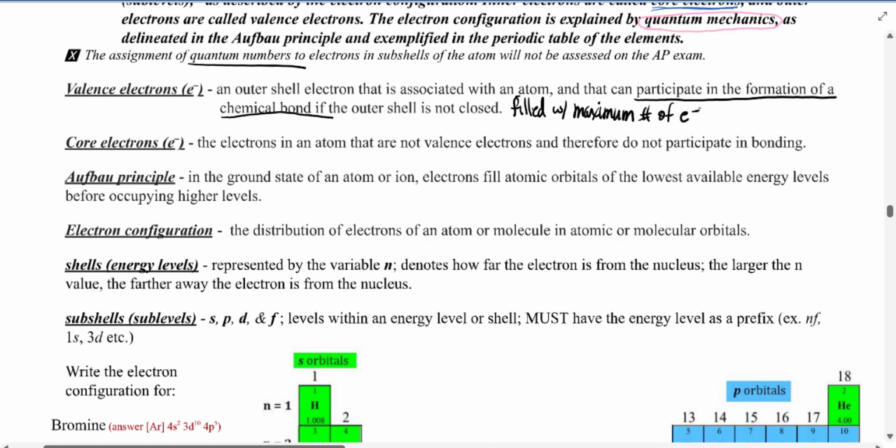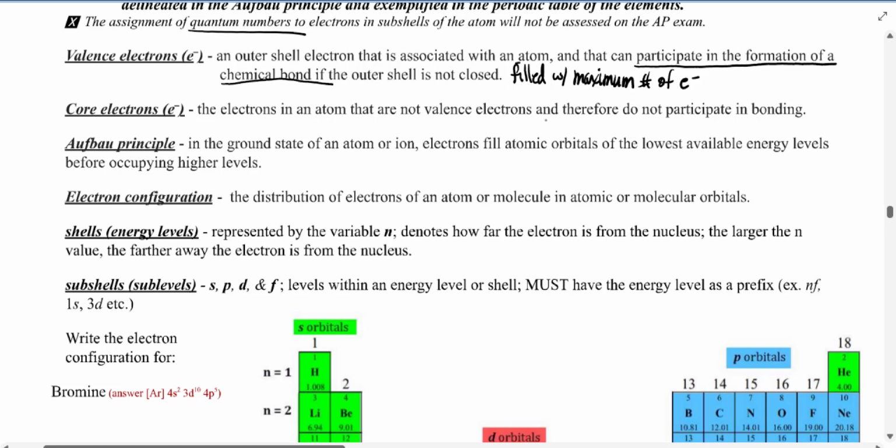We'll get more into that later. Core electrons are the electrons in an atom that are not the valence electrons. So every single electron that is in a lower energy level does not participate in bonding.